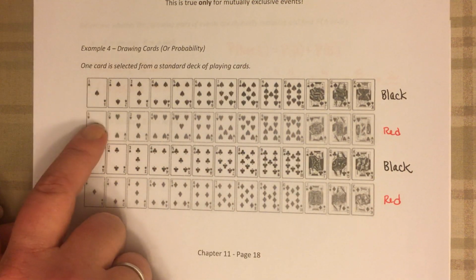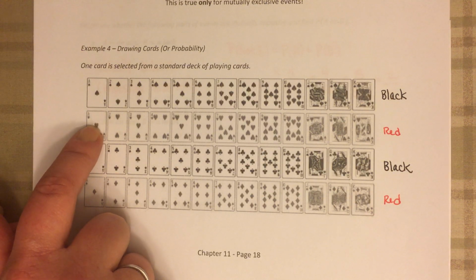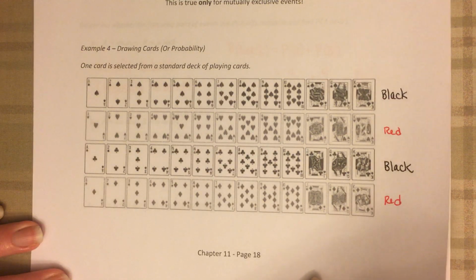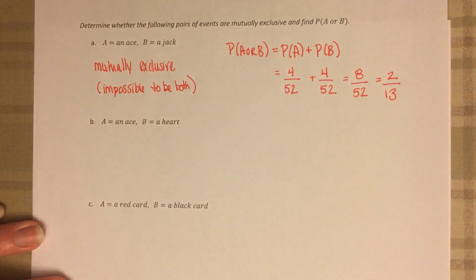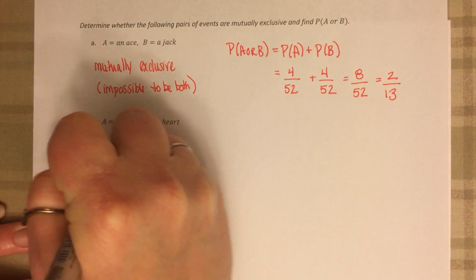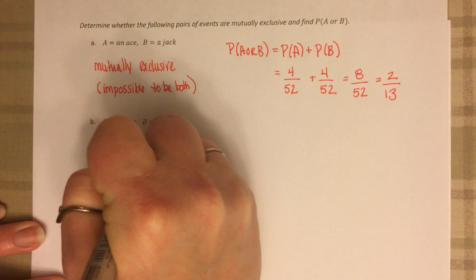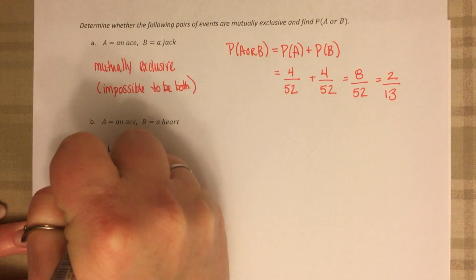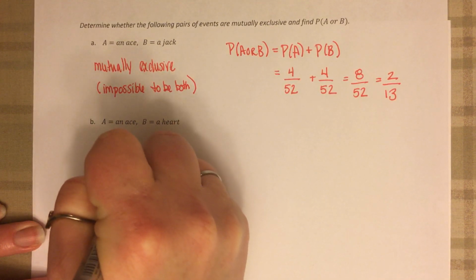Notice that we do have a card that is both. We do have an ace of hearts. So in this case, these are not mutually exclusive. So for B, we are not mutually exclusive.